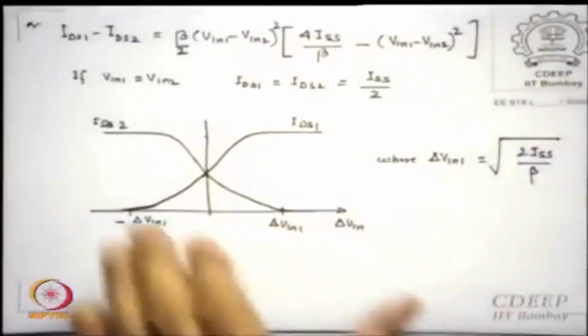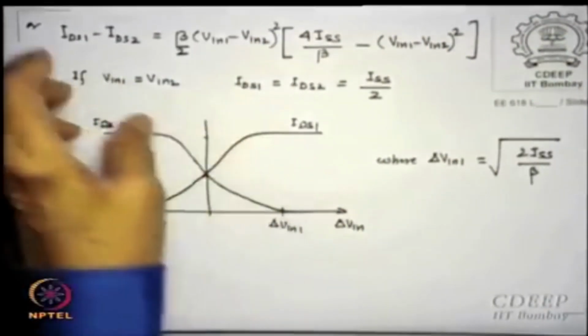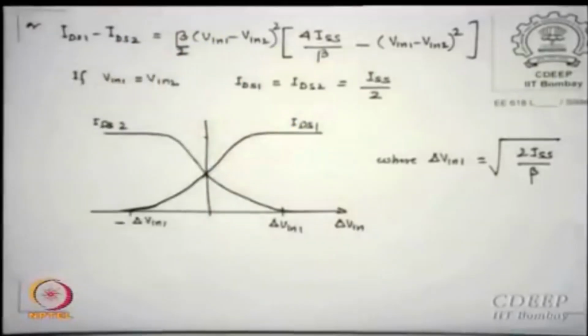Okay. In case this is larger, delta V in is positive, this term will subtract from this, and if you keep increasing delta V in, after a while this term will start mathematically reducing, or rather the difference, so IDS1 will almost become ISS. This value was therefore ISS by 2.